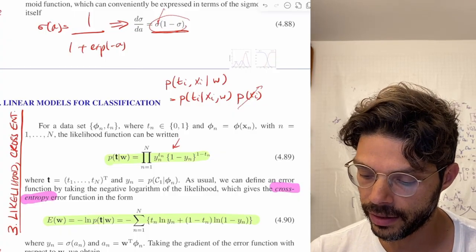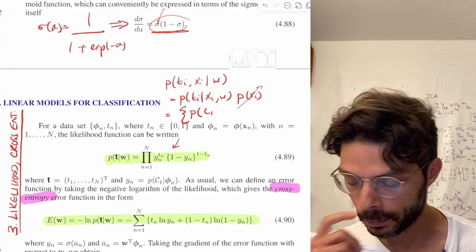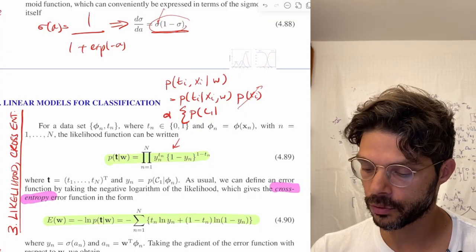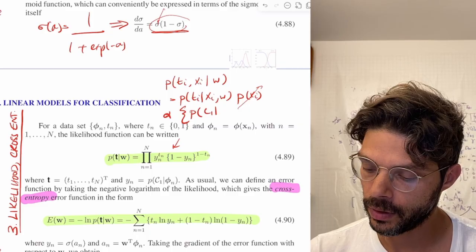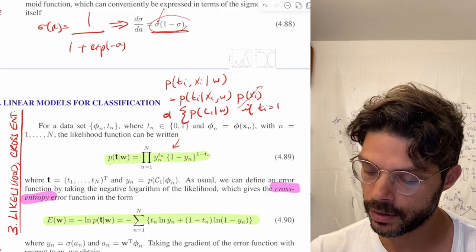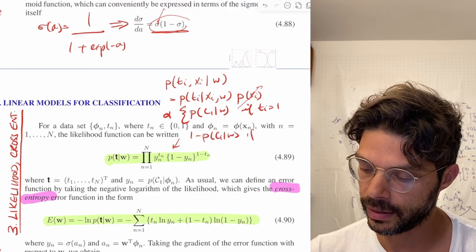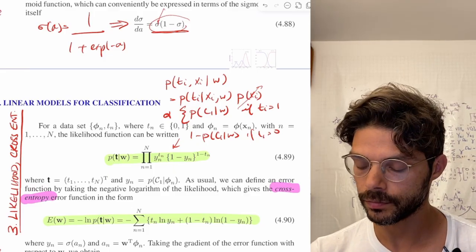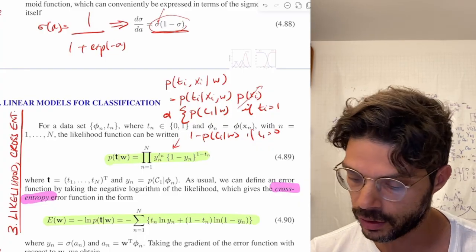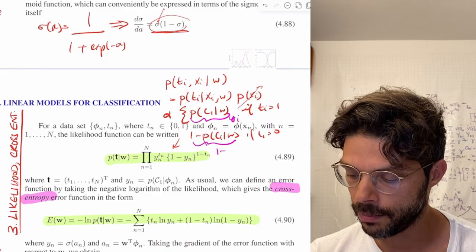And now this is going to be proportional to p(C1 | weights) if t_i is equal to 1, and 1 minus p(C1 | weights) if t_i equals 0. Okay? And this thing here is just called y_i, and this is 1 minus y_i.